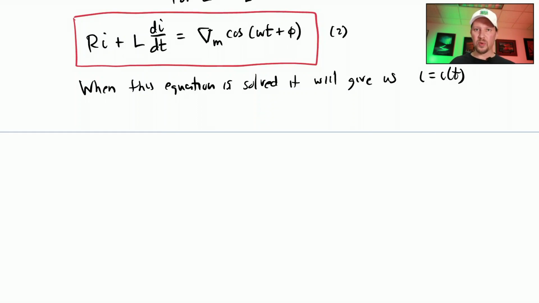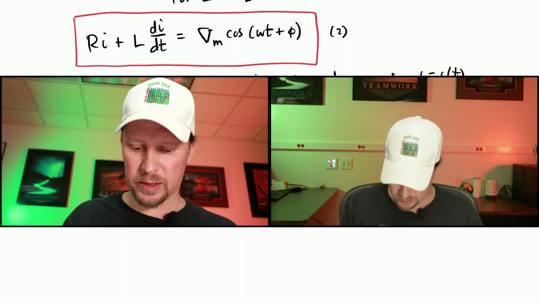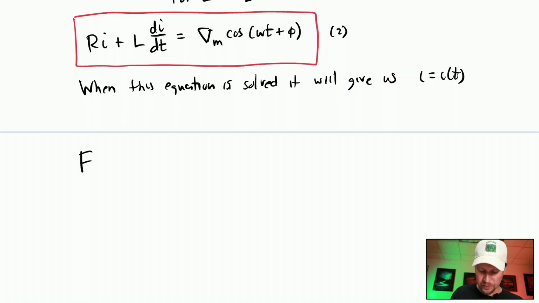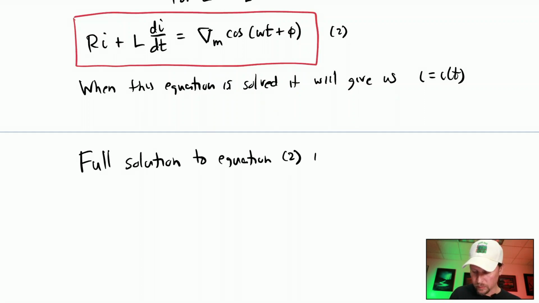Now, one thing that I'm going to do is I'm going to tell you right now, without proof, what the actual full solution is. So the full solution to equation number 2 is the following.